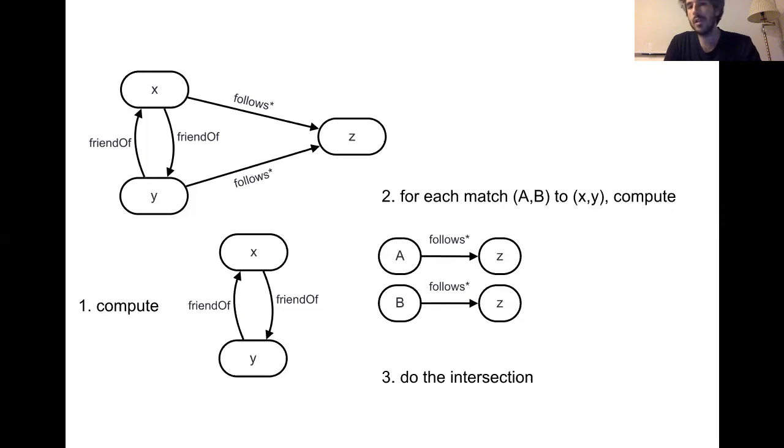And then for each such match A, B to this local pattern, the first pattern, you're going to compute all nodes that you can reach from both A and B. Again, because you can compute the answers for this query by doing a single BFS, what you need to do at the end to actually get the answers of these patterns is 2 BFS per each tuple that is an answer to the friend-of pattern, the local pattern. So this is one possible approach.